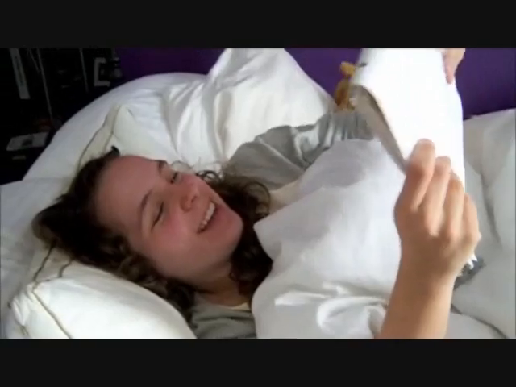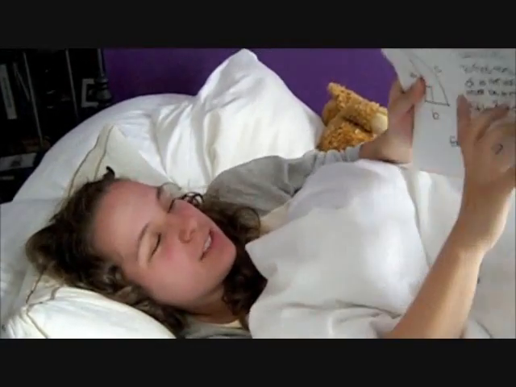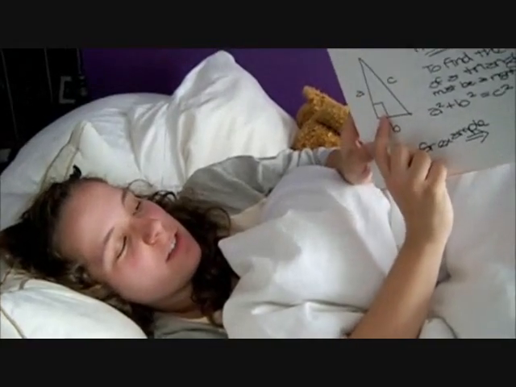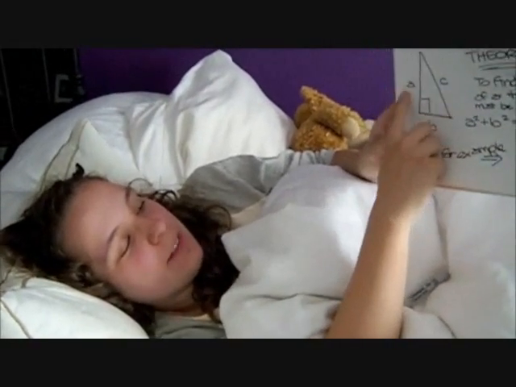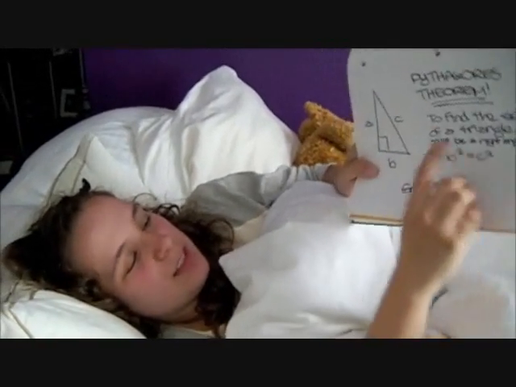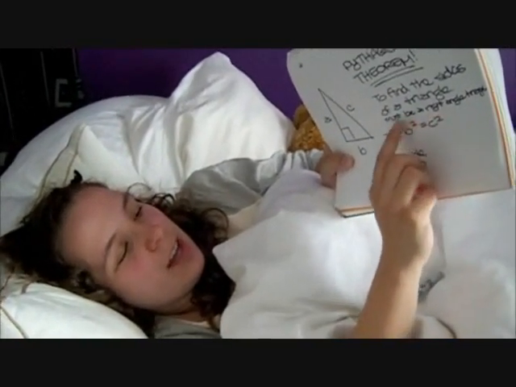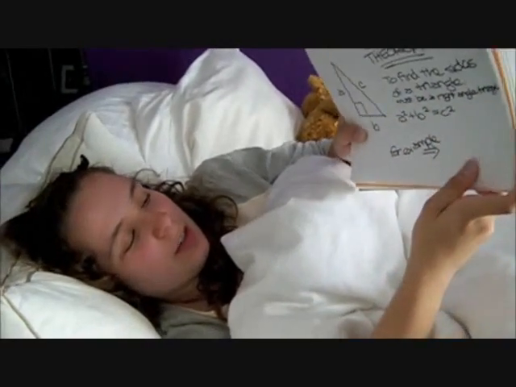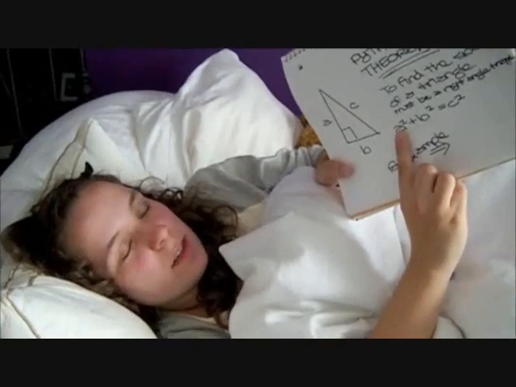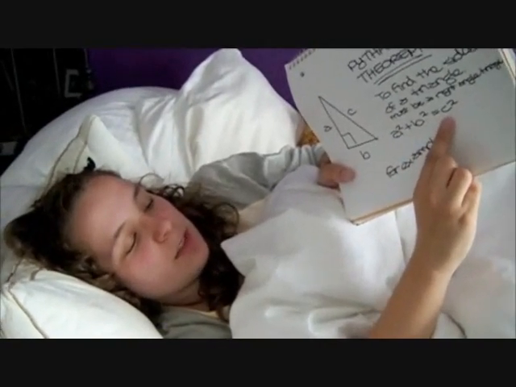Yeah, okay. Now we're going to talk about the Pythagoras theorem. This helps you find the sides of a right angle triangle. As Mr. Forseth stated in some of his notes, to find the sides of a triangle, it must be a right angle triangle. So the Pythagoras theorem is a squared plus b squared equals c squared.